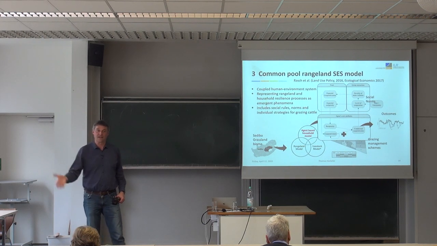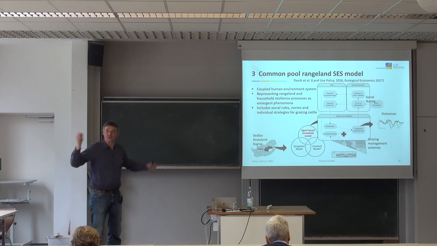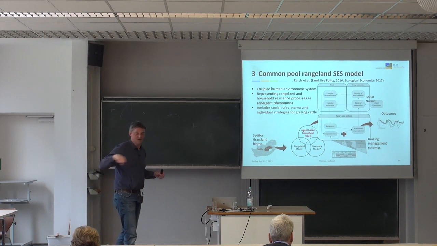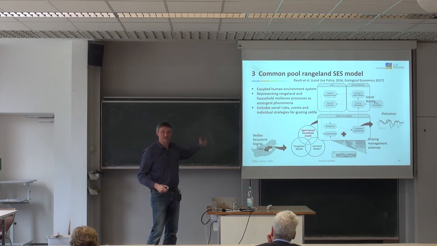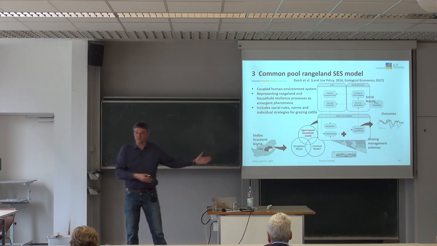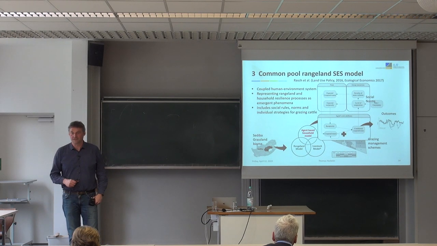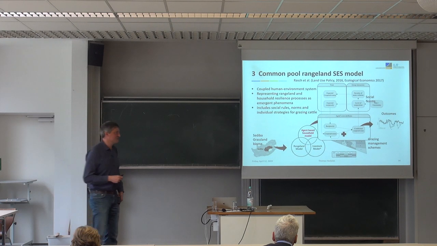That is then translated in the model into growth rates. But the grazing that is done on the field is also going back into the rangeland model and changing the conditions there, because grazing affects the vegetation dynamics and so on. So it's very concrete. There are concrete numbers. I stayed at the conceptual level, that's true.